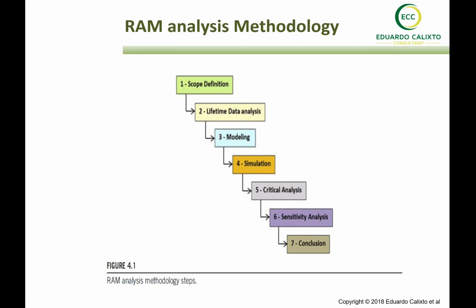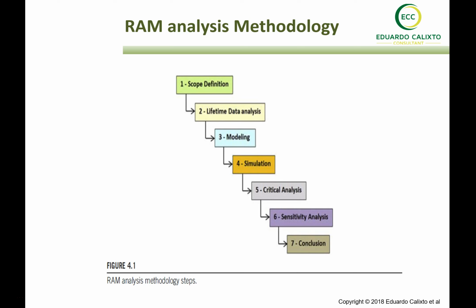Okay, so after going through all the 6 steps, we need to finish our analysis and make a conclusion. And usually in reliability engineering, we deliver a report. But in case of a RAM analysis, my advice is, before delivering a report, to make a presentation, because all these steps that I'm describing now are not clear for most engineers.